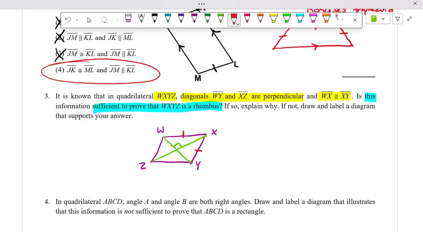And again, think about other shapes that may have perpendicular diagonals and congruent adjacent sides.